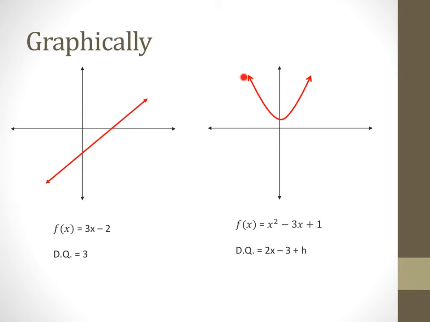But for the one on the right, this is not a line, it's a parabola. It is a quadratic function, and so it is facing up because it's got a positive leading coefficient of 1. And so at any given point on this, the rate of change of this parabola is different. And you can imagine there being a bunch of lines or tangent lines, think of them coming along here.